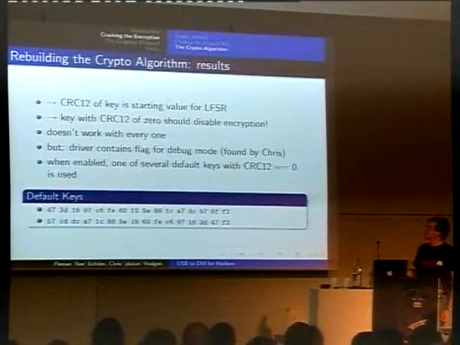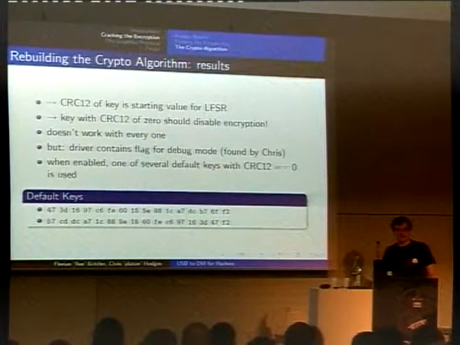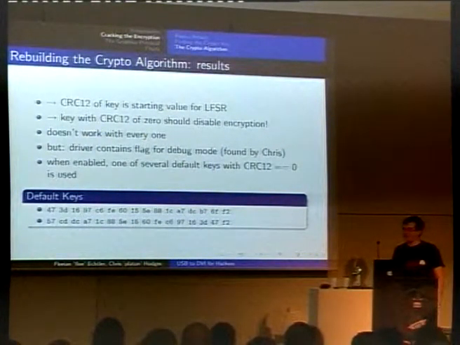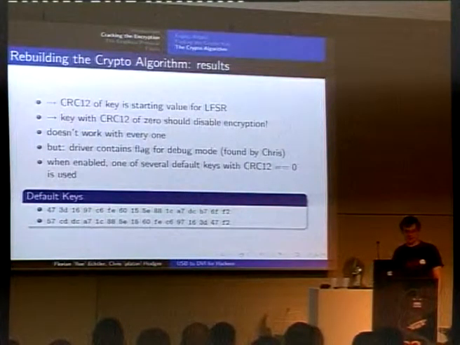Most importantly, they are in the driver because the driver has a debug flag which just turns off the entire encryption if you set it to 1. So in fact, we might have found this earlier, but it's still funny to be able to decrypt the earlier captured data.